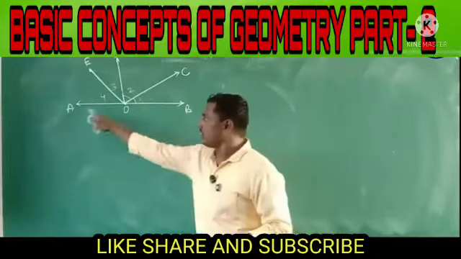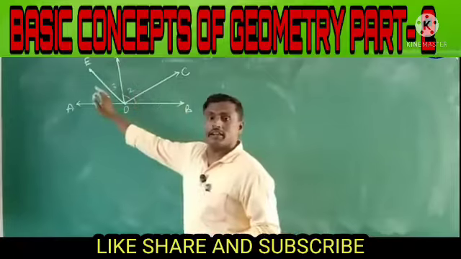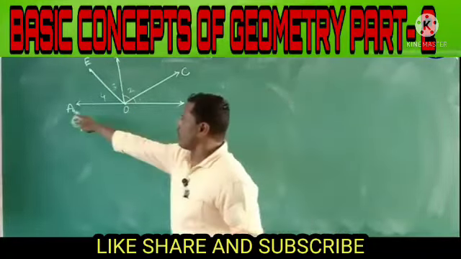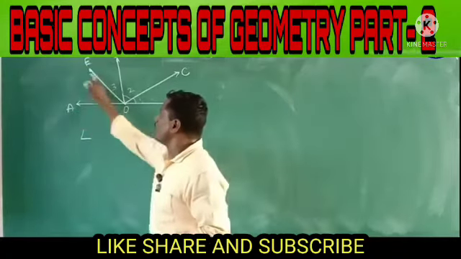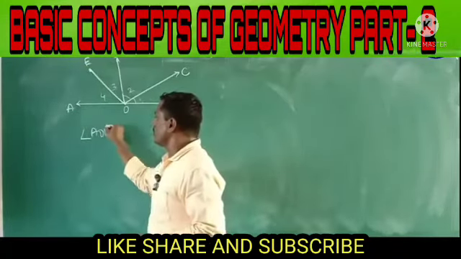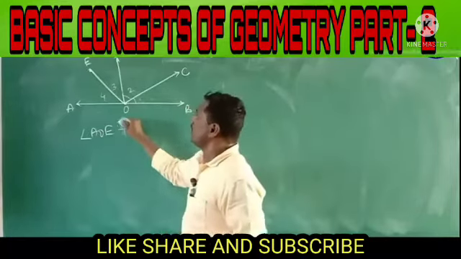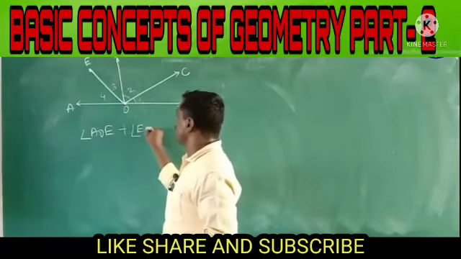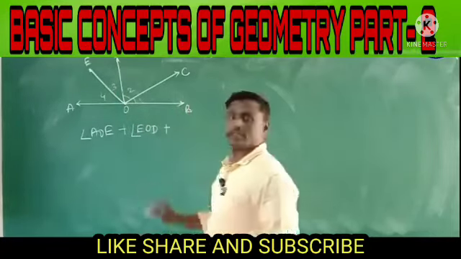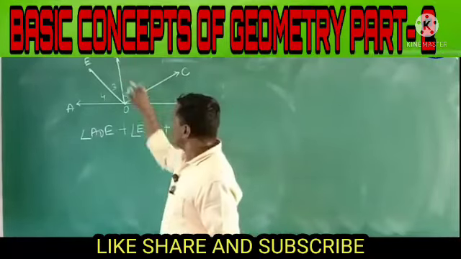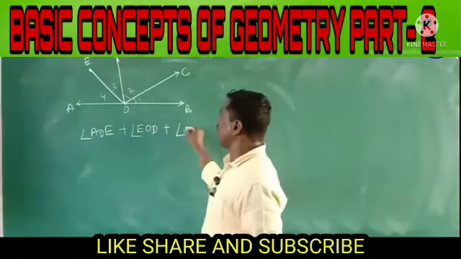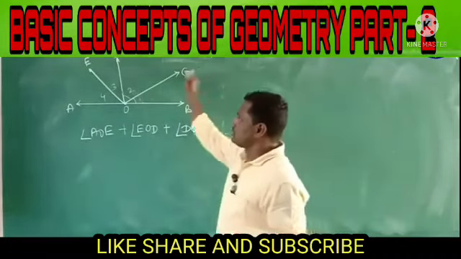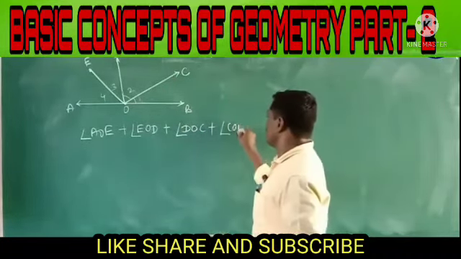What is that straight line? AB. So what are the four angles on the same side of the straight line? Write one by one. Angle AOB: the first angle is AOE, plus angle EOD, plus the third one, angle DOC, plus the fourth one, angle COB.